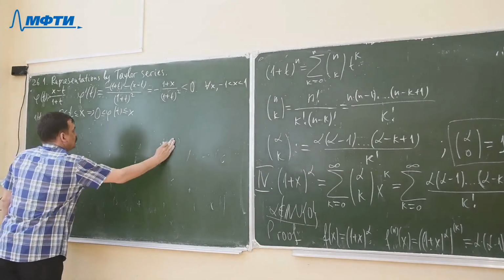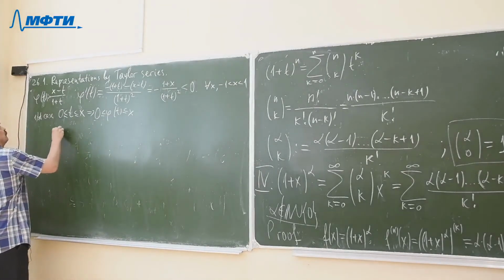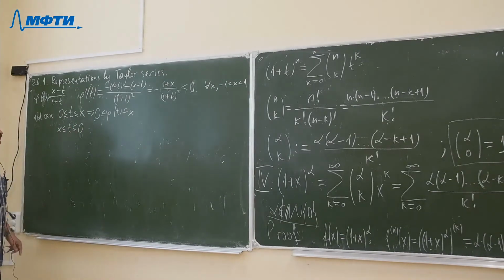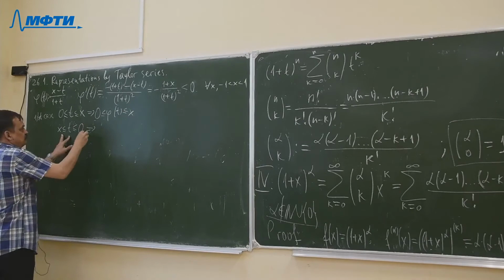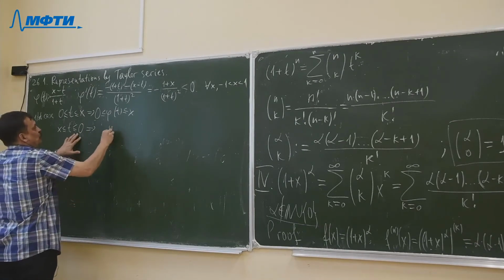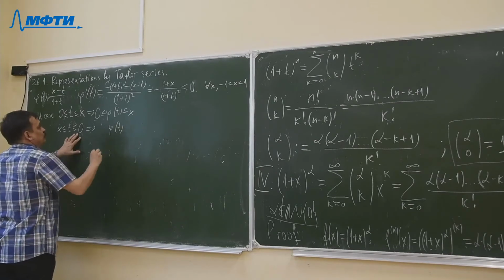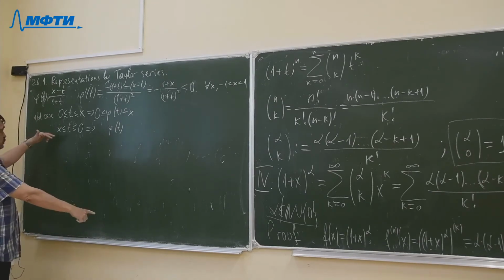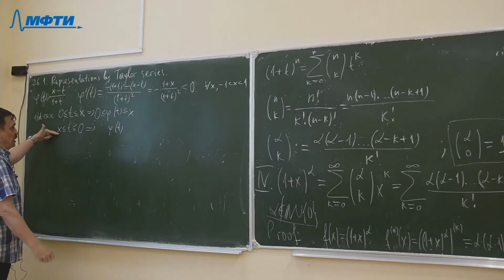And analogously, if x is non-positive, then once again phi is decreasing. So what is the maximal value? Maximal value will be at which point? From x to 0. So at x it will be largest.